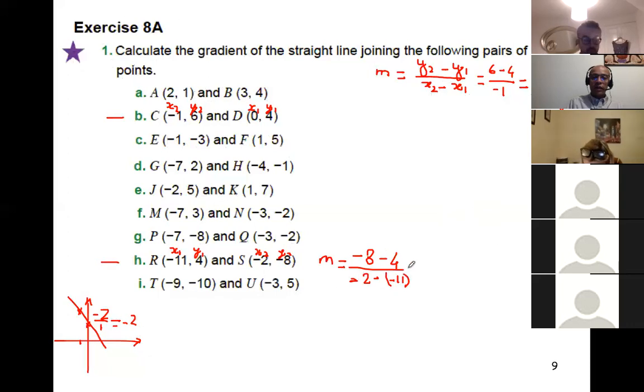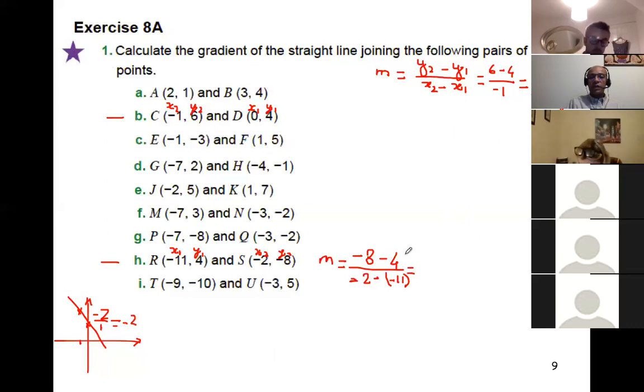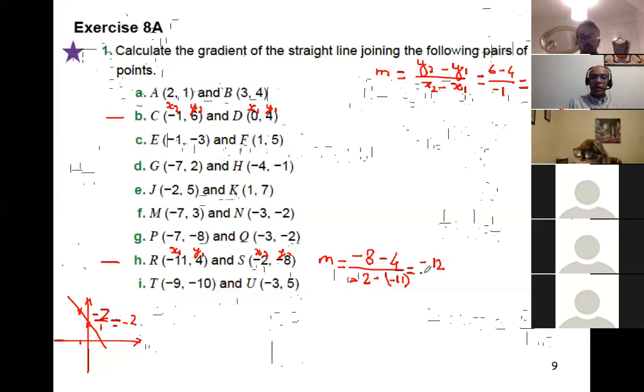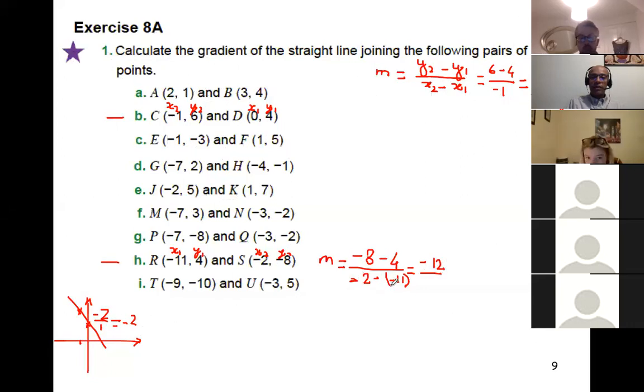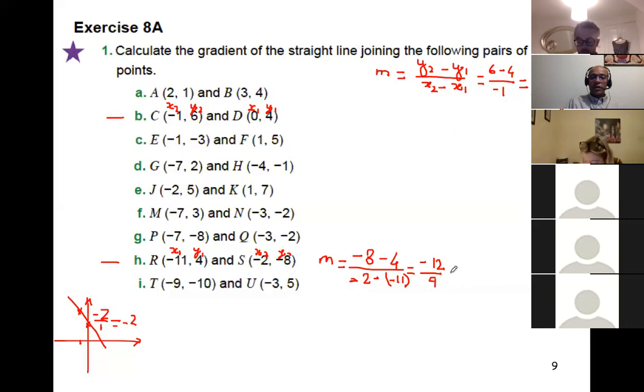We arrange all this, we get negative 12 at the top, negative 8, negative 4 is negative 12. And at the bottom, I've got 2 plus 11, which is just 9. Do I leave it like that? Unfortunately, we don't get the mark if we leave it like that.